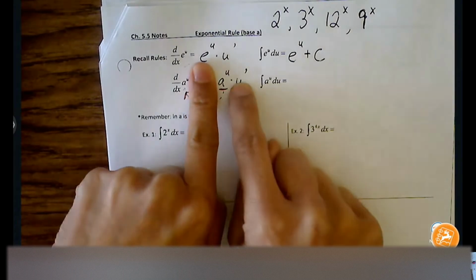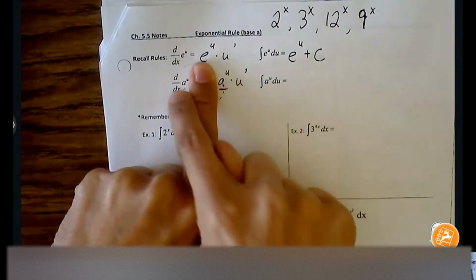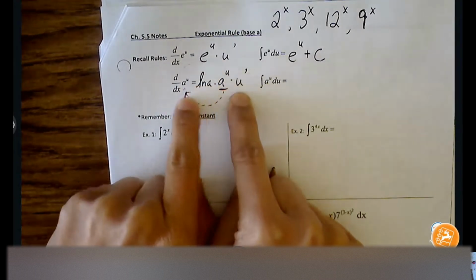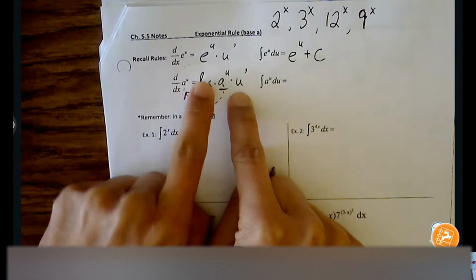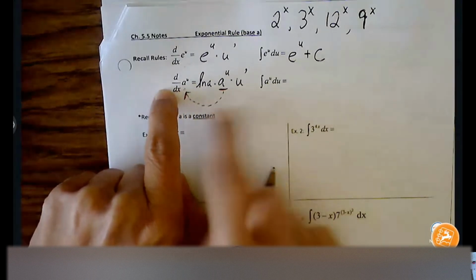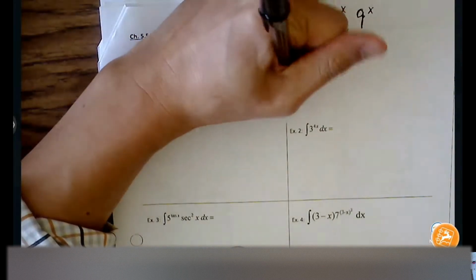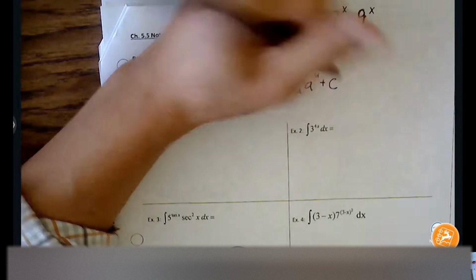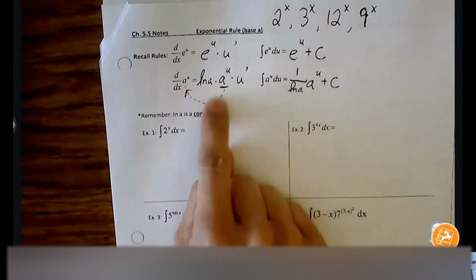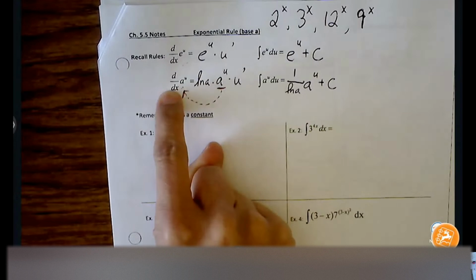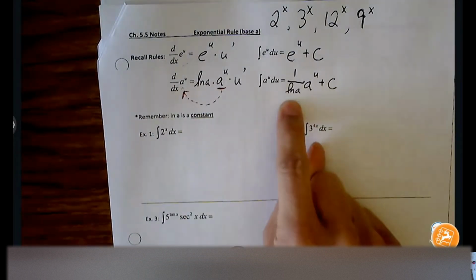If I'm starting with a to the u, and I end up at a to the u, this natural log of a has to go somewhere. So it's going to end up being divided over, in the denominator. That's why the integral of a to the u leaves us with 1 over natural log of a times a to the u plus c. We're basically starting here, moving backwards, and dividing that natural log of a over, landing in the denominator space.